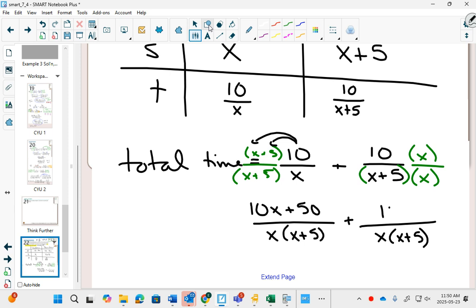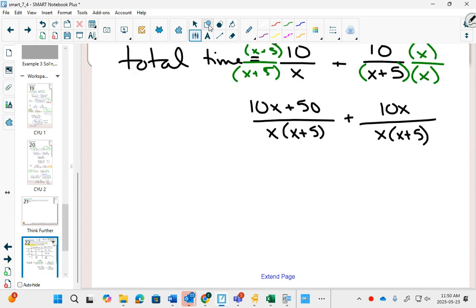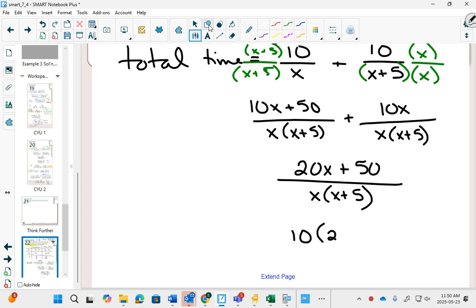If I just multiply this one out, I get 10x again. Now I have a common denominator, so I can add my like terms: 20x plus 50. You can factor a 10 out of the top just to see if anything cancels out, but it doesn't. And so this is a simplified expression for the total time.